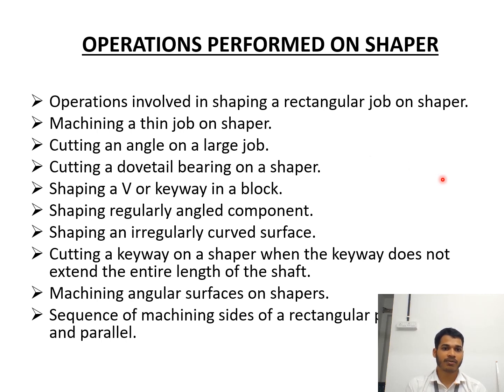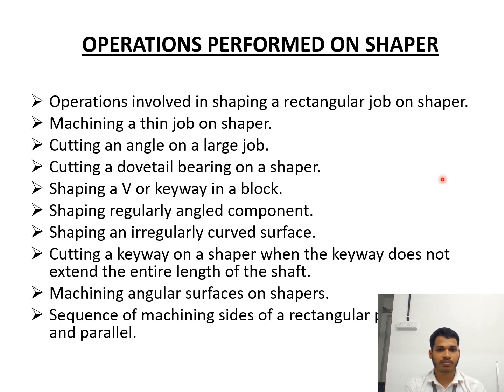Operations performed on a shaper. There are various operations performed on shaper machines: machining thin jobs, cutting an angle on a large job, and cutting a dovetail or wedge on the shaper. So we can make a wedge using this shaping process. Shaping a V or a keyway in the block, shaping regularly angled components, and shaping an irregular curved surface.